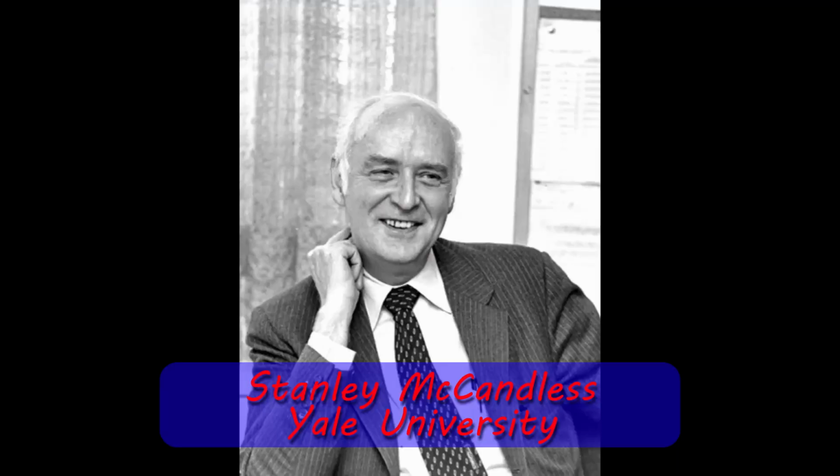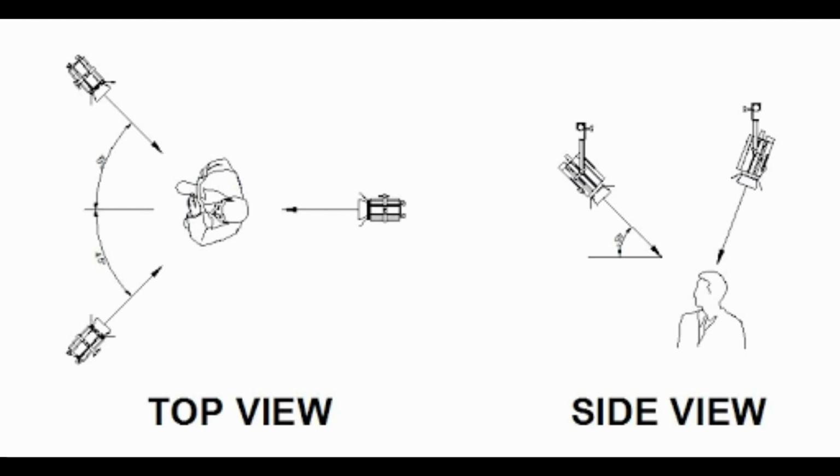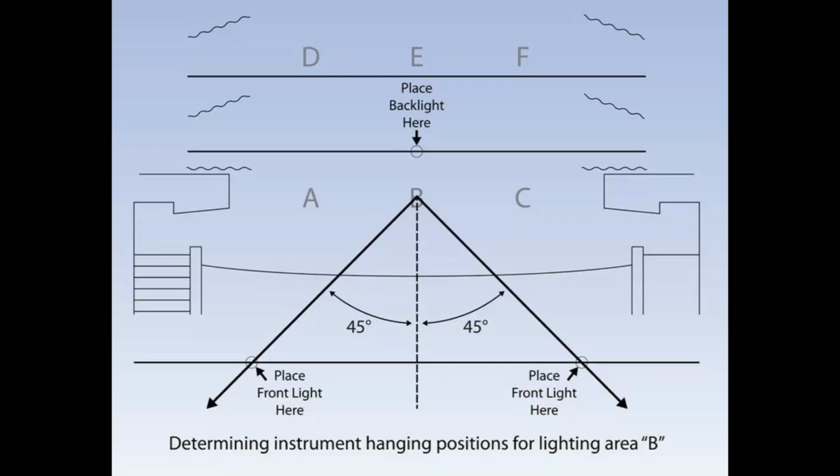A Yale College professor, Stanley McCandless, developed a modern approach to lighting the stage using a 3-point lighting system to light the actor on the stage. He lit the person with two lights from the front that were positioned 45 degrees off center and at 45 degrees above the actor's head.